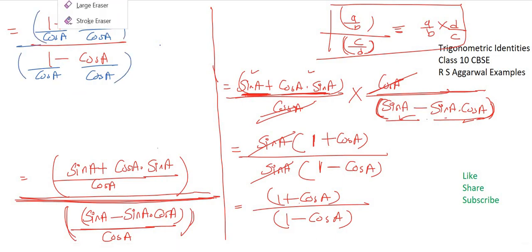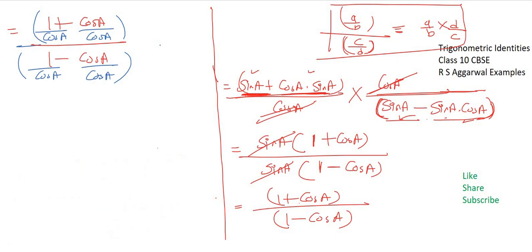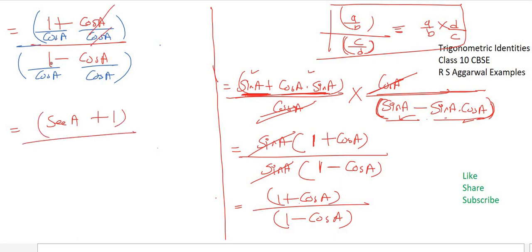If we divide each term by a certain number, it does not make any difference. So it will become 1 by cos A, which is nothing but cosec A, plus, this and this cancel, 1. And what is 1 by cos A? It is cosec A, and this is minus 1. So this is what we were supposed to prove. Okay, this is my answer.